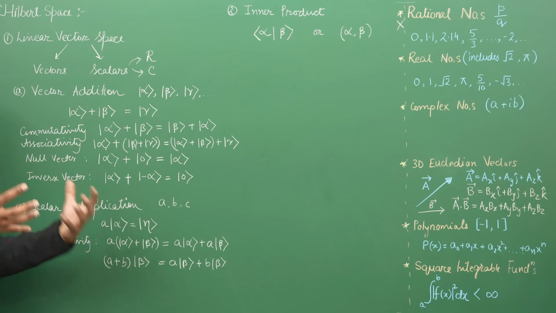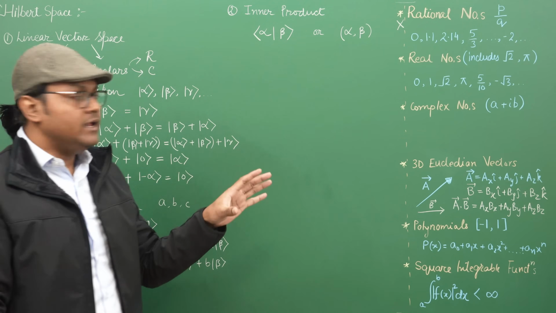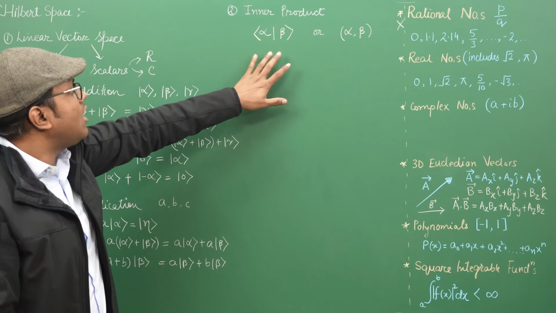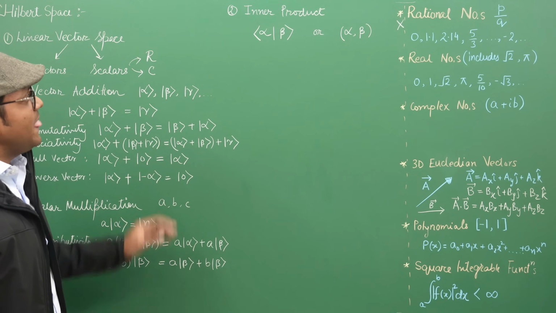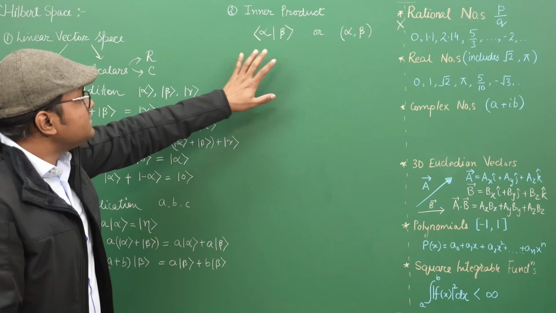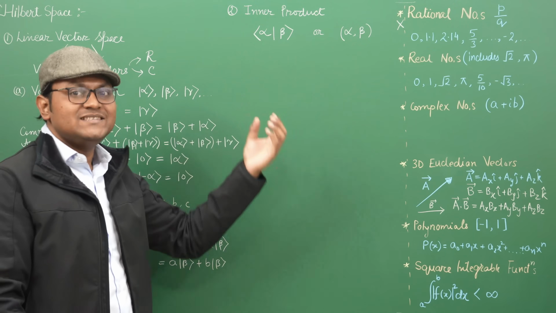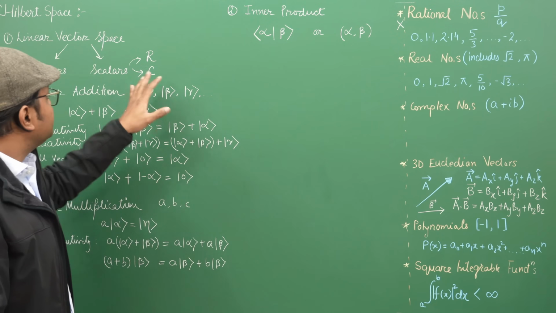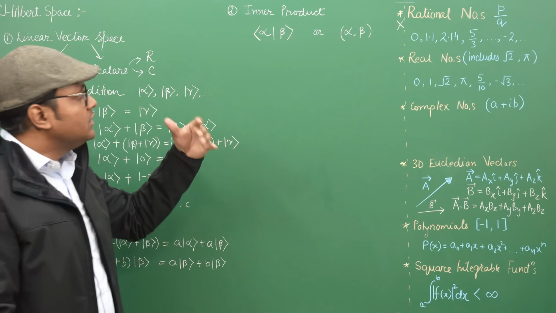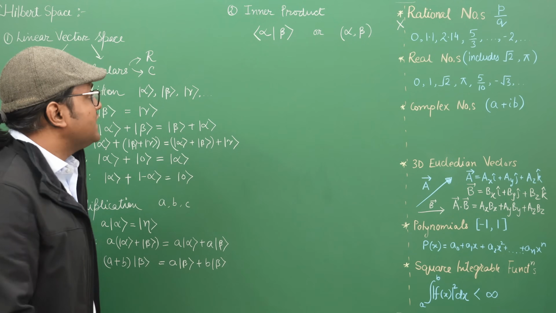How the inner product is defined depends upon that particular vector space, but this is how an inner product is represented. And if the vectors are spanning the real space, then the inner product is a real number. And if the vectors are spanning a complex space, then the inner product could be a complex number.